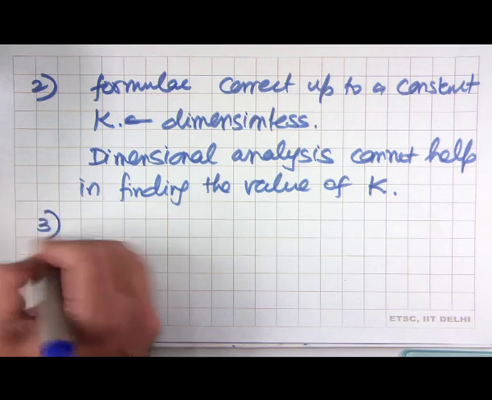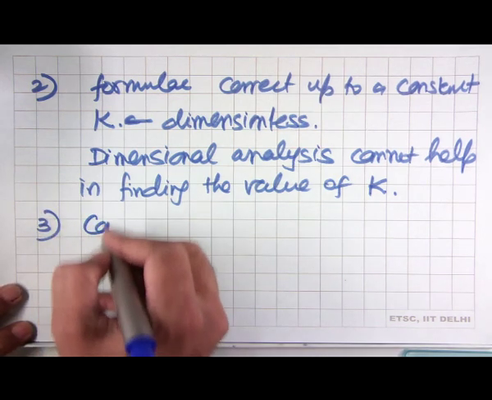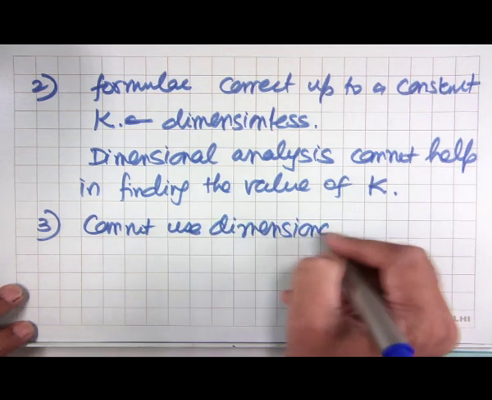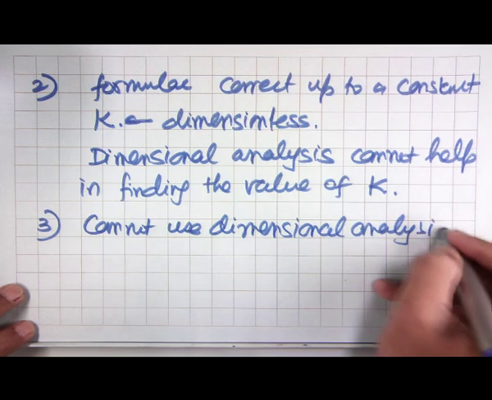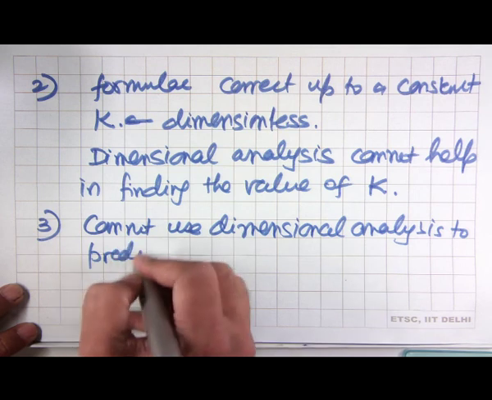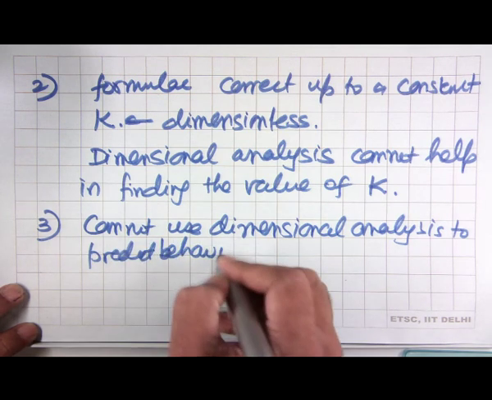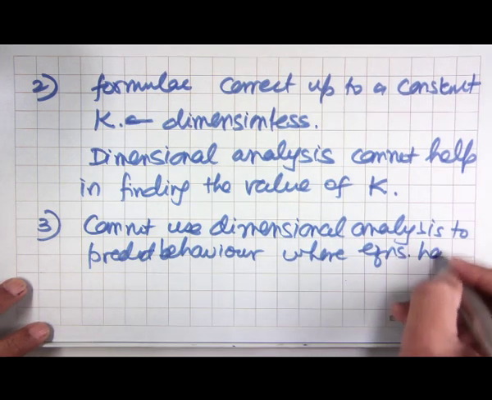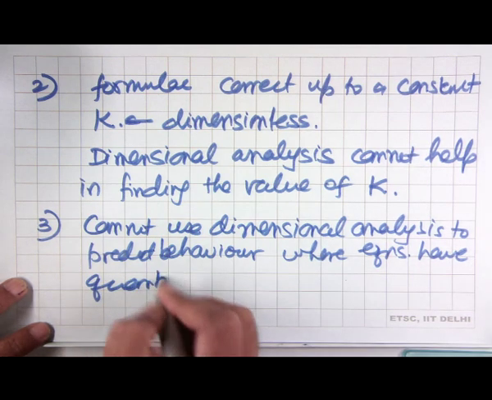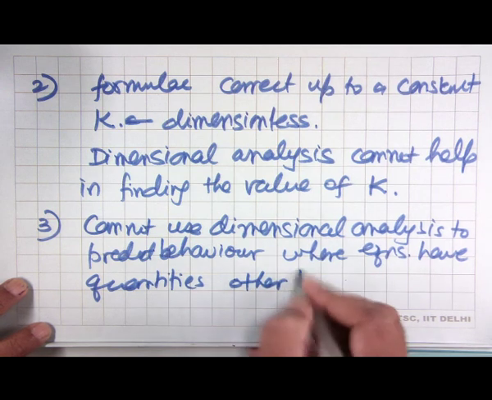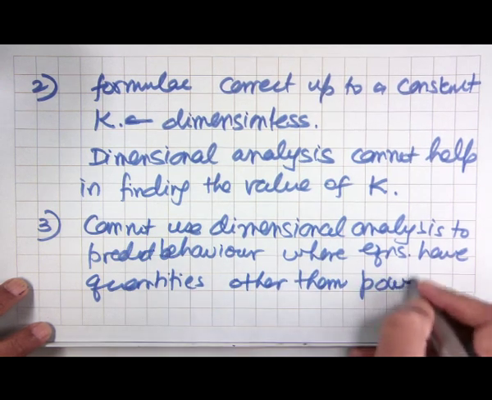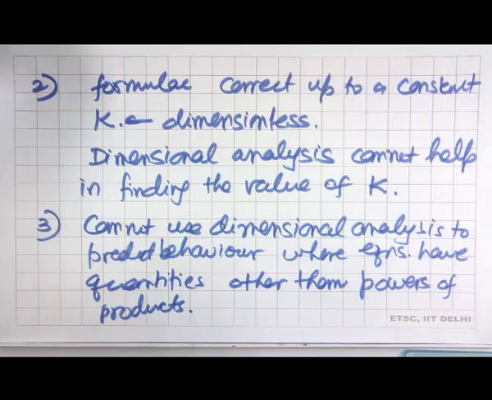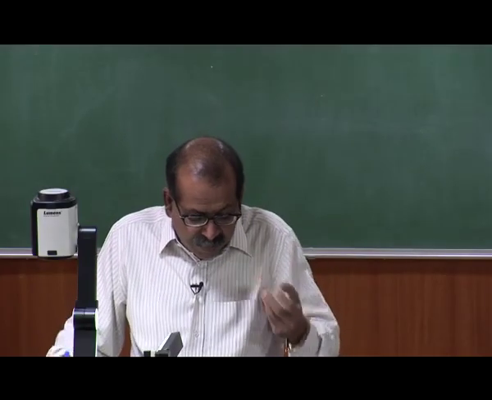The third limitation is that we cannot use dimensional analysis to predict behavior where equations have quantities other than powers of products, because using dimensional analysis, as we have seen, we can only relate things which have powers of products.